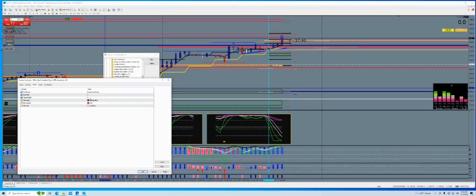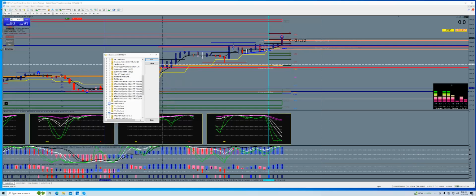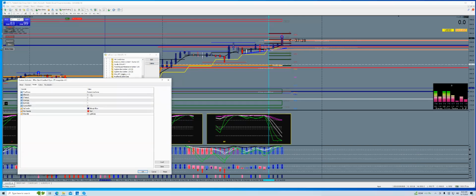Actually, I might even be able to make it bigger. That's right. And then the next candle is going to be a different candle, which is the lower time frame interpolation VO1. This is going to simulate the lower time frame, and that's also set at current time frame.